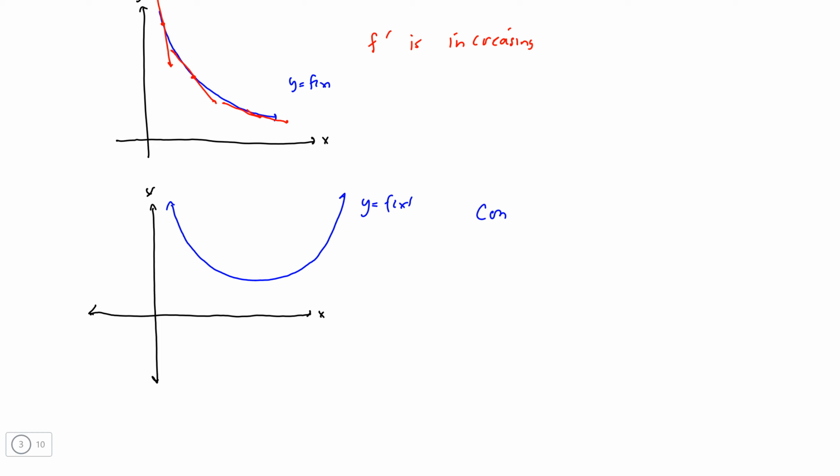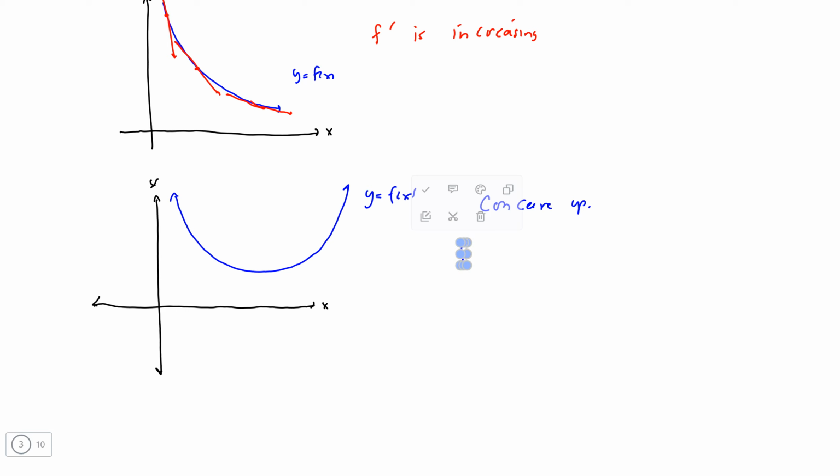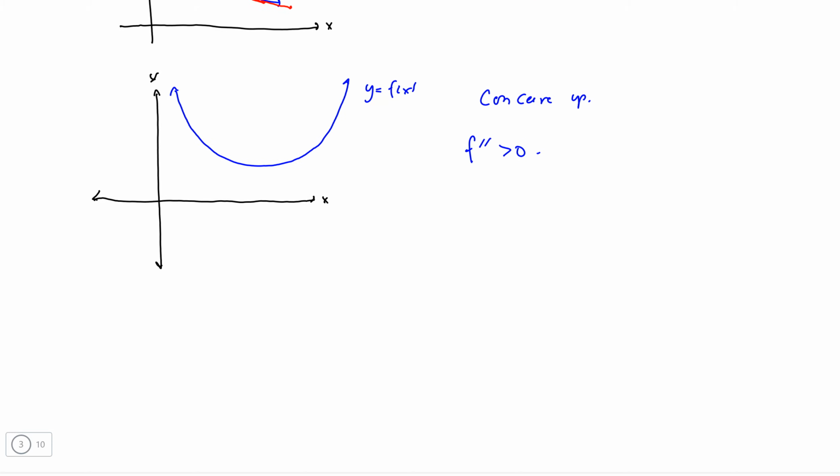So this is called concave up, and this happens when the second derivative is positive. One way to remember this, if you don't want to go through the logic each time, is that concave up is equivalent to f double prime being positive, which we can think of as a plus.